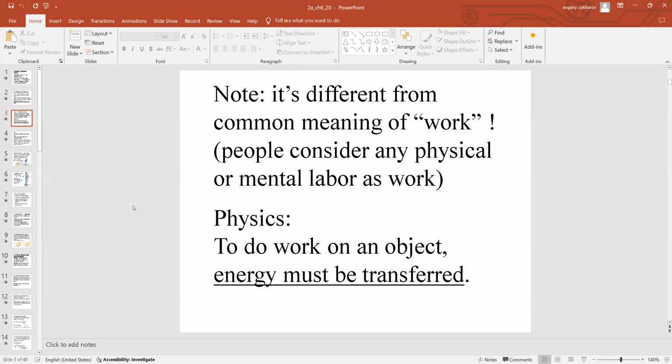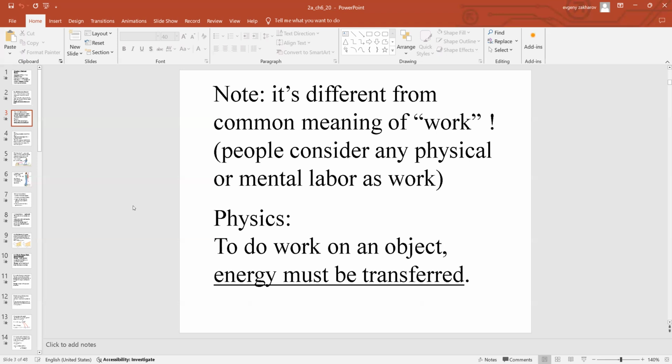Do not confuse the word work with what you're used to. Say you do your homework, and you say, my head hurts because I'm doing my homework. Well, there is work in the homework, but your mental work has nothing to do with what we call work in physics.